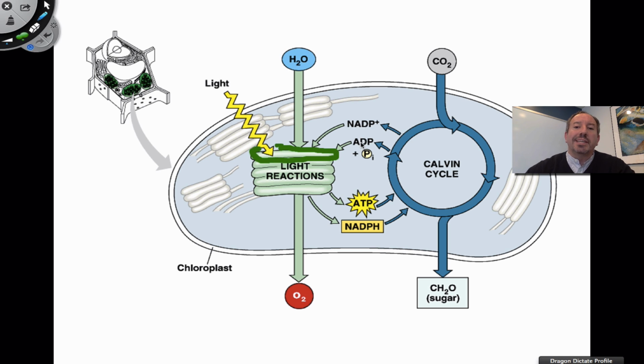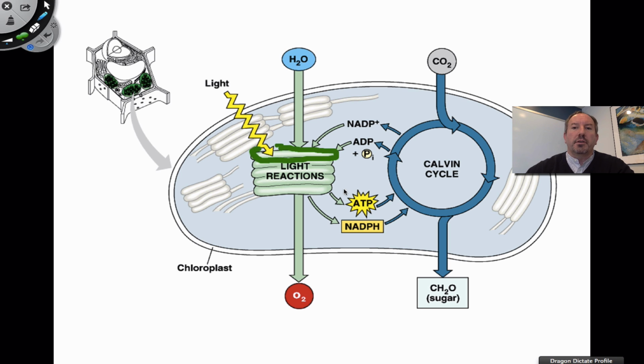And of course you need ADP as well. And so the products of the light reaction are principally ATP and NADPH. And then those energy molecules will be used in the stroma, which is the fluid part of the chloroplast, to incorporate CO2 to produce sugars.